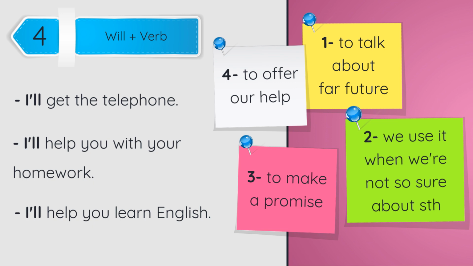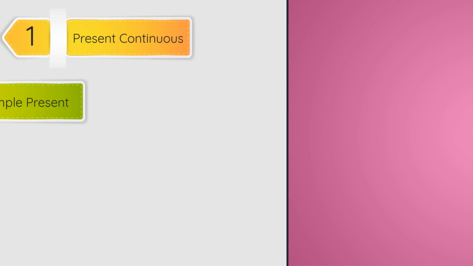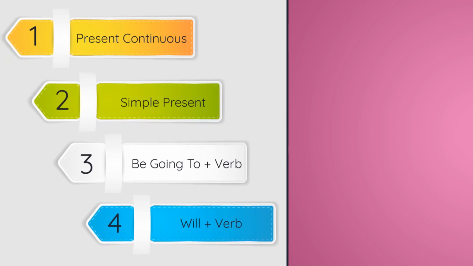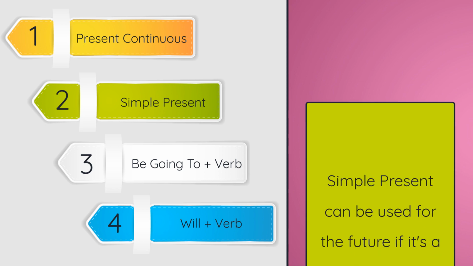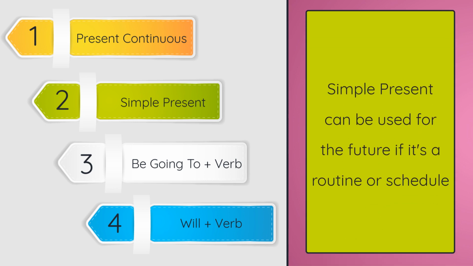Okay? So just to recap, just to quickly go over everything, there are four futures I'm teaching you today. Present continuous can be used as a future if it's very soon. Simple present can be used for the future if it's a routine or a schedule. Something that's like, if you look at a schedule in the future, we can use the simple present.